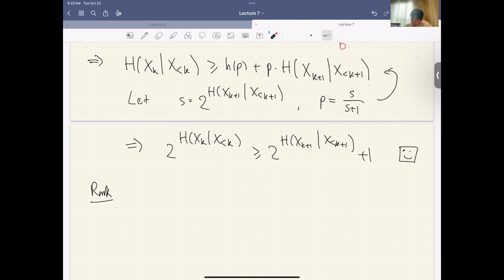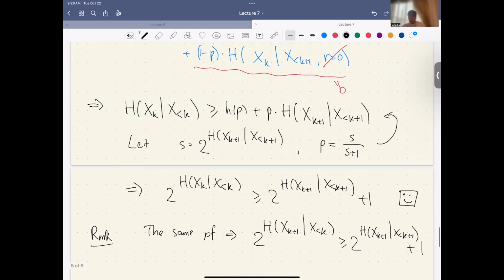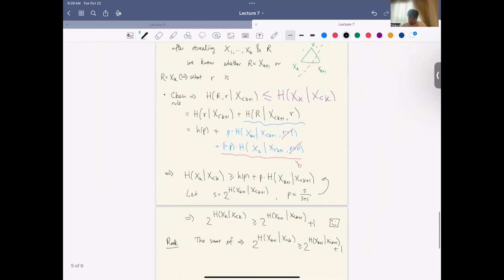In fact, the same proof implies what? If you examine the proof, the same proof at some point shows that we have 2 to the h of xk plus 1 conditioning on x less than k is at least 2 to the h of xk plus 1 given x less than k plus 1. Why? Because the whole time we're keeping this term, right?